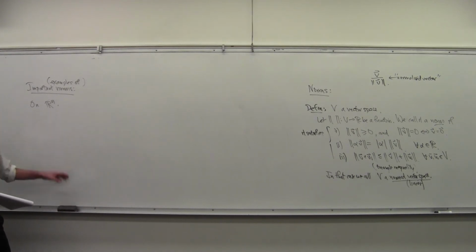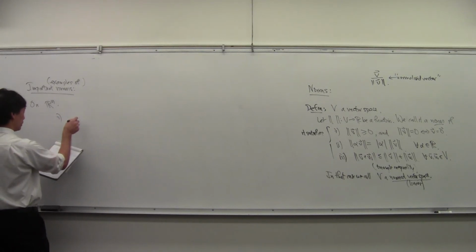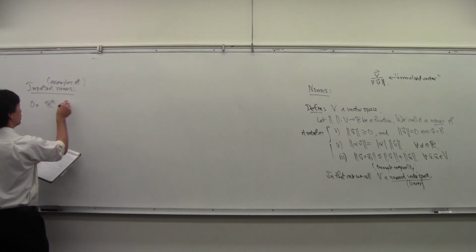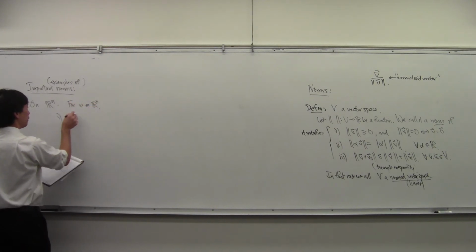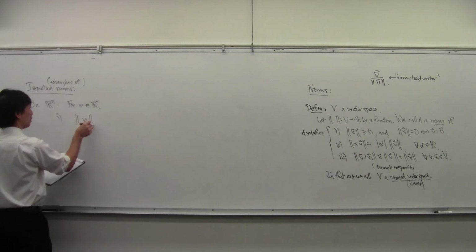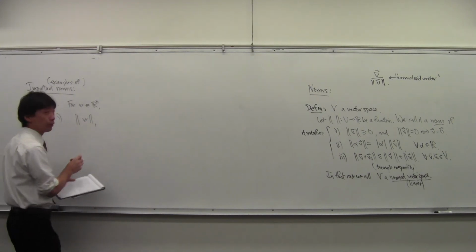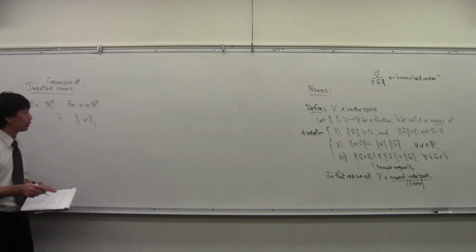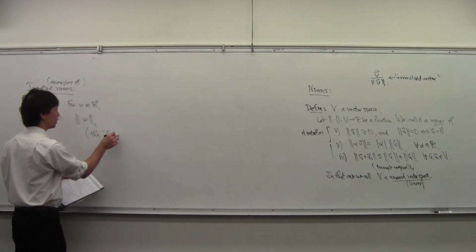But we can actually have multiple ways of defining norms. Here is one. For v in Rn, we define what's called the little L1 norm.